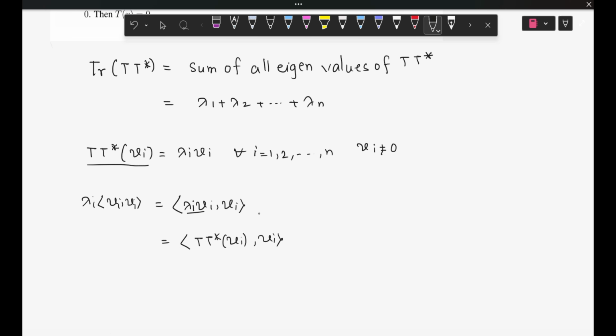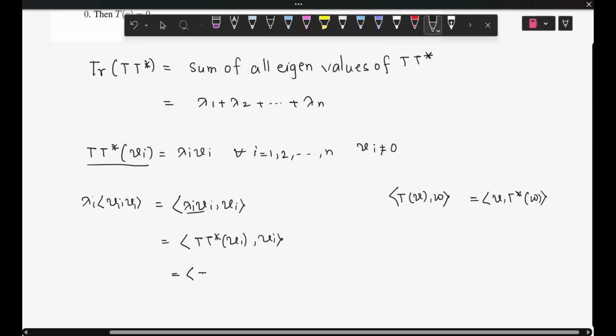Now we know that for any linear operator T, the inner product of T v with w is equal to the inner product of v with T star w. This is what we mean by adjoint. Okay, so I can write T star of vi, T star of vi, right?